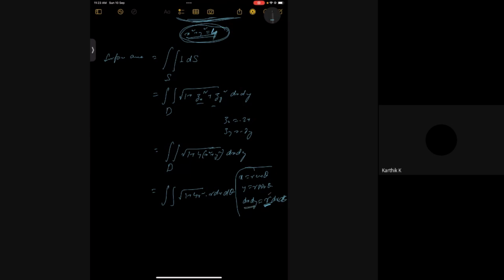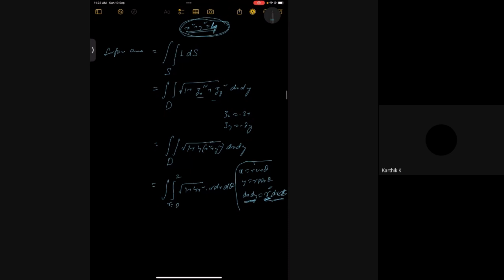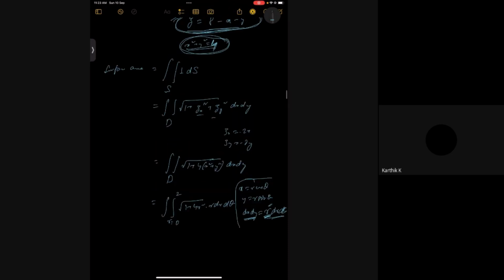So don't forget this r. The limits of r are from 0 to 2, because our cylinder looks like this, x squared plus y squared equal to 4. Theta goes from 0 to 2 pi.